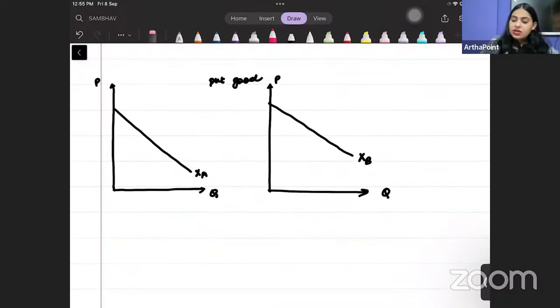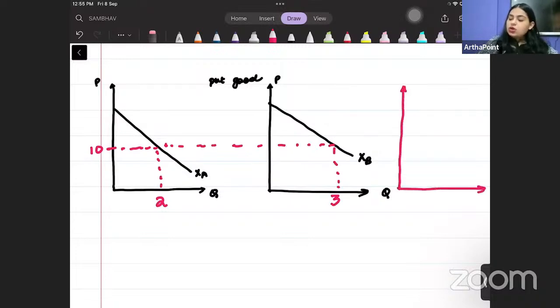So if I fix the price at 10 and if individual A demands 2 units and at that price of 10, individual B is demanding 3 units, then in the economy, total demand at this price of 10 will be 5 units. So in the economy, the demand will be 5 units.